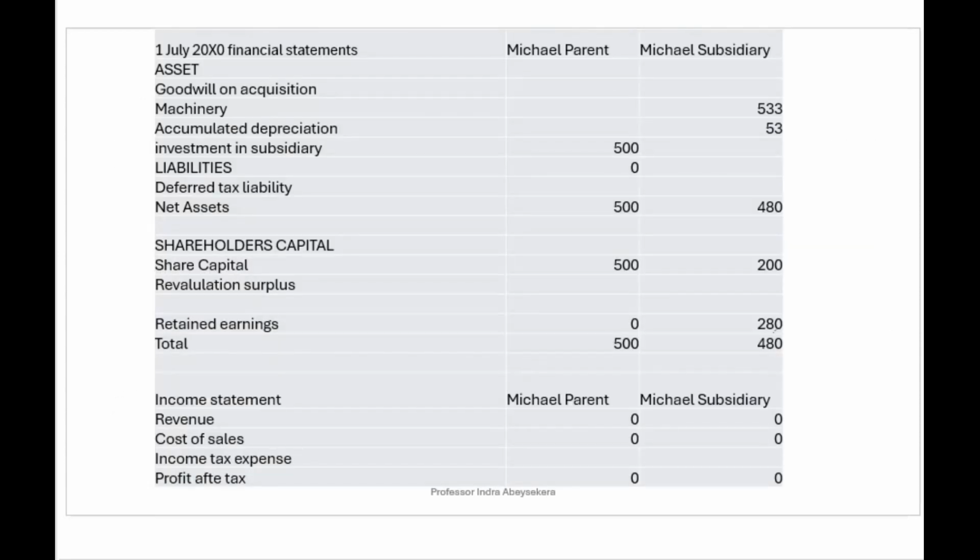So at the date of acquisition, Michael parent had invested $500 million, and that was raised through share capital. And this investment was used to acquire shareholders' equity, $280 of retained earnings, and $200 of share capital of previously Samuel's subsidiary, now it's Michael's subsidiary.